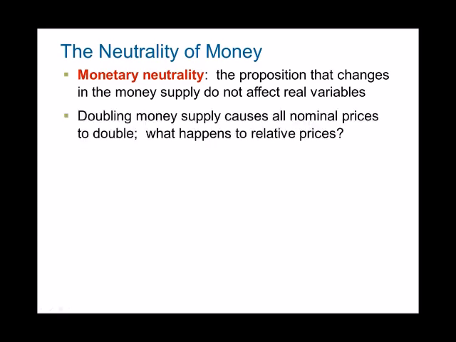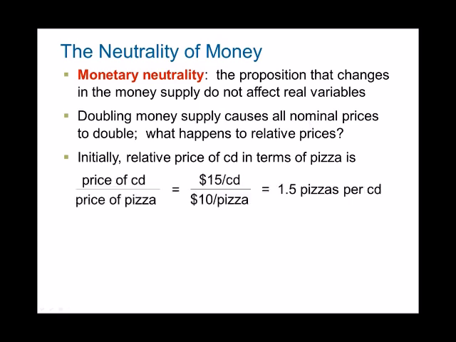So doubling money supply causes all nominal prices to double. Why do relative prices not change? Let's look at the relative price of CDs in terms of pizza. Initially, it was $15 per CD and $10 per pizza. So if we wanted to exchange CDs for pizza, we needed 1.5 pizzas for one CD.